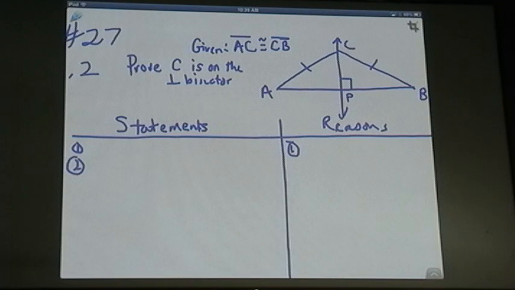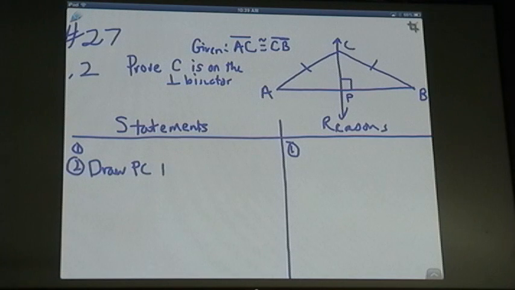Then the next one said to construct a line through point C that is perpendicular to AB. So that's what we're going to say: draw a line PC perpendicular to AB. And the question would be, why would we be allowed to do that?